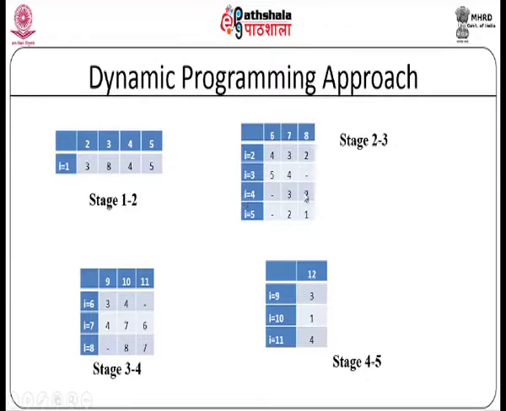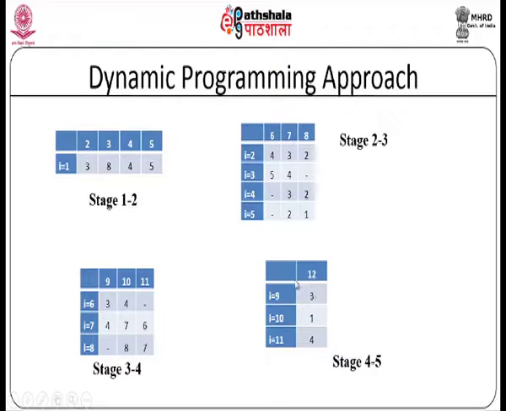So, similarly, this is your stage 2 to 3 with this cost, and this is stage 3 to 4 with this particular cost, and from stage 4 to 5 with this particular cost.